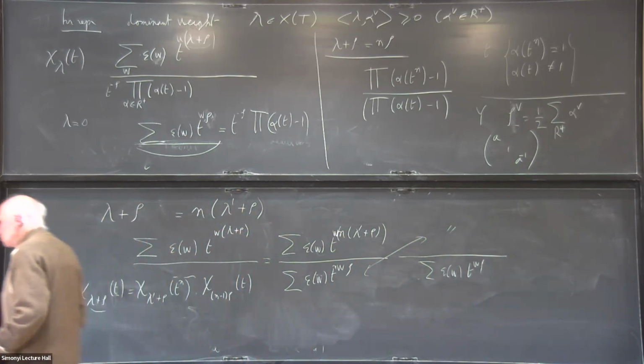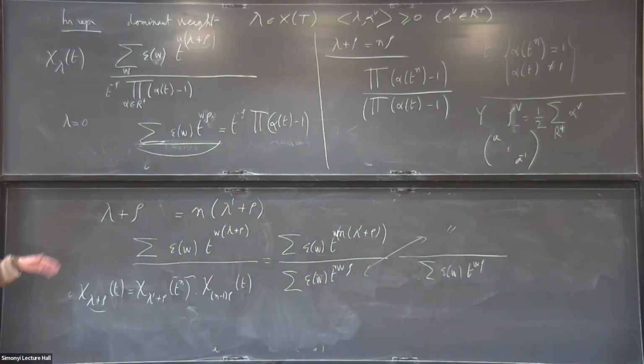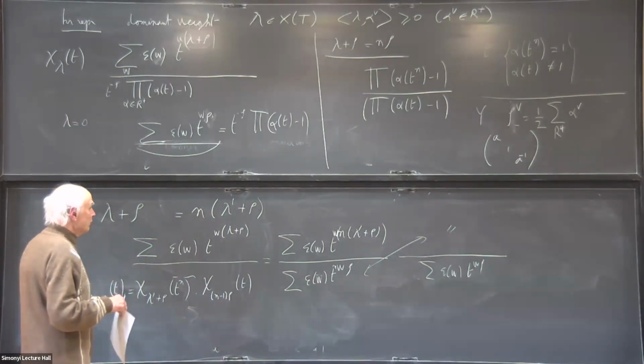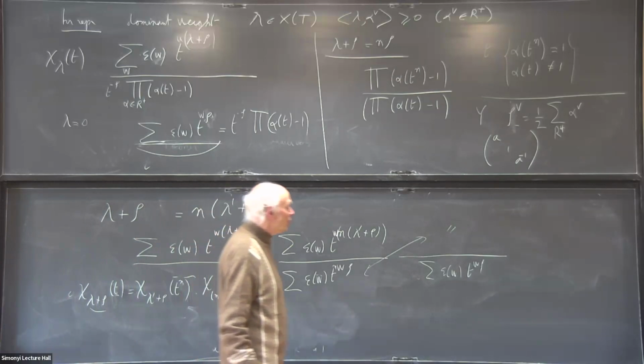So when lambda plus rho is a multiple of something, this completely reduces to the case of what it is the multiple of. So that's one kind of thing you have.